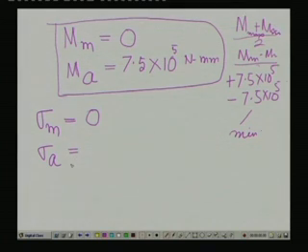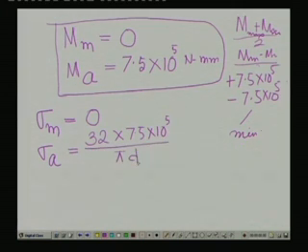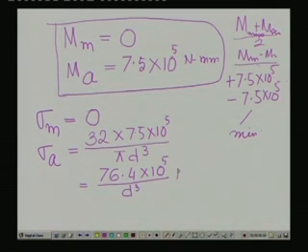This comes out to be equal to, if we calculate, 32 into M by pi d cube, and this comes out to be something like 76.4 into 10 to the power 5 by d cube megapascal.